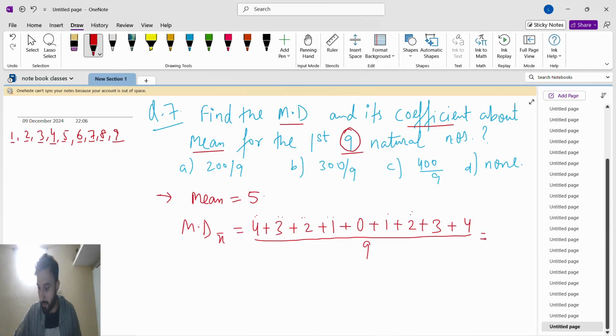So 20 divided by 9, that is 2.22. The mean deviation about mean we got is 2.22.